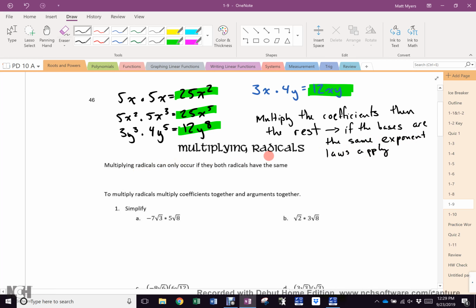Now, multiplying radicals can only occur at this point in our math careers if they have the same what do you think? What word, from everything we know about radicals, do you think I am going to write here? Here are some of the words we have.